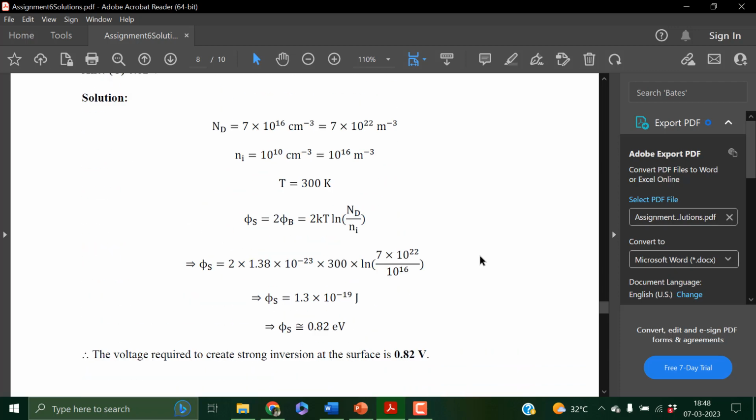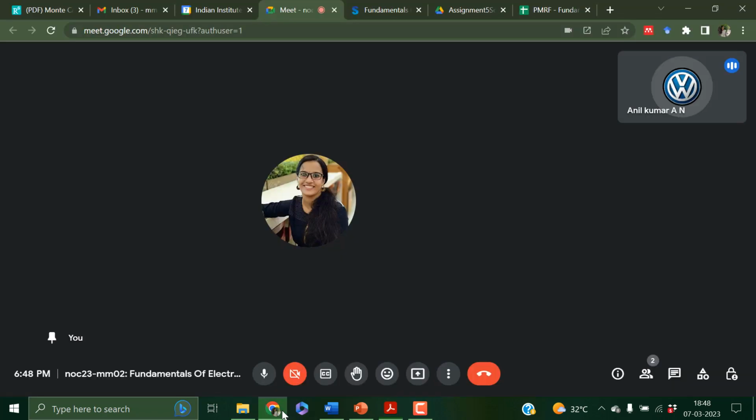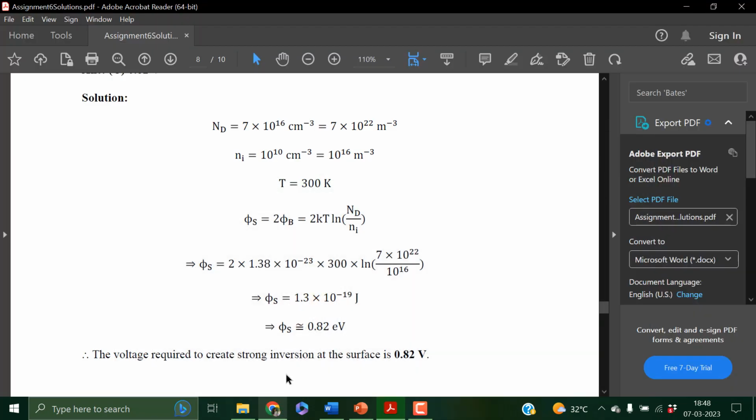Can you read out the equation part, how you did it? I have written phi s equal to 2 phi b. The 2 phi b is equal to kT ln(ND/Ni).